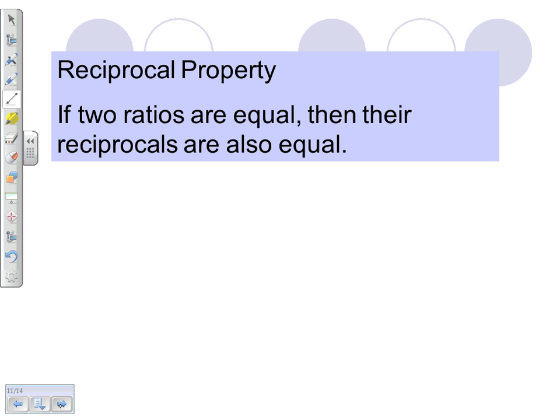One other little trick that we'll be able to use sometimes. If you know that two ratios are equal, then their reciprocals are also equal.